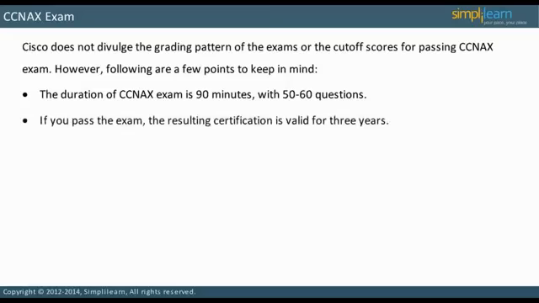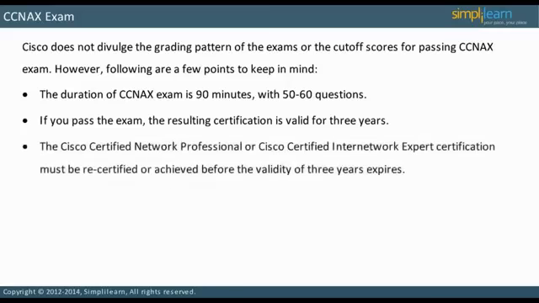If you pass the exam, the resulting certification is valid for 3 years. You must recertify or achieve a Cisco Certified Network Professional or Cisco Certified Internetwork Expert certification before that time. Let us find out the value of CCNA routing and switching certification in the following slide.